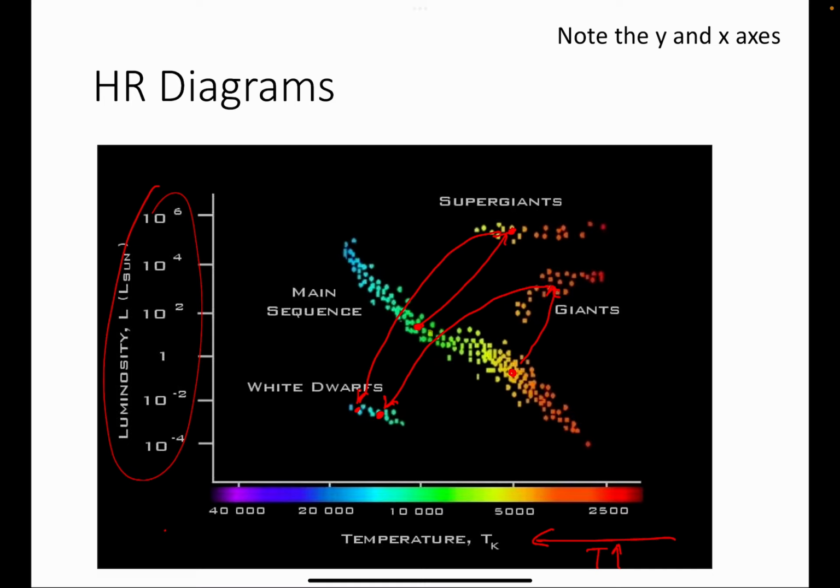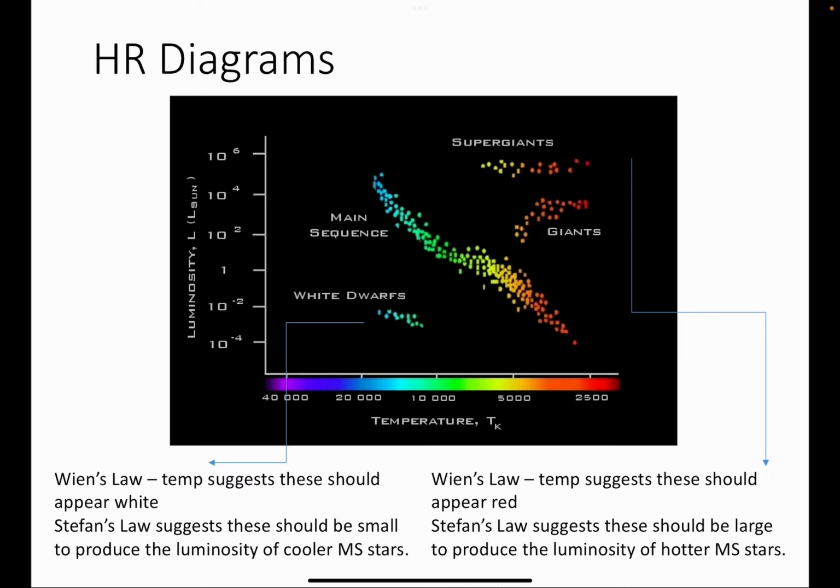Now let's have a look at how this ties together really nicely then with Wien's displacement law and Stefan's law. And let's consider the white dwarfs and the reds and the super reds. So first of all then, the white dwarfs. Well, their peak wavelength must be somewhere centrally or thereabouts in the visible spectrum, because white indicates to us that we're getting a good mix of all the different wavelengths of light.